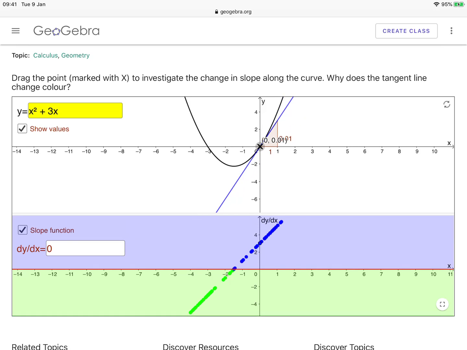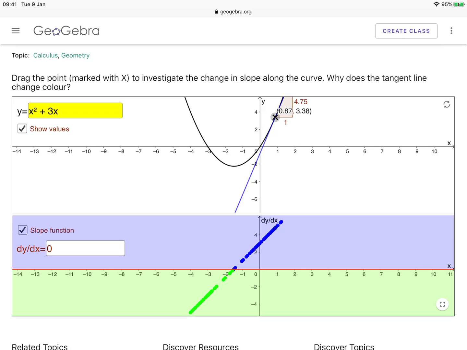The key difference between the top graph and the second graph is that the top graph is x against y. So that's the graph of y equals x squared plus 3x. The one below is the graph of your x value against dy dx.